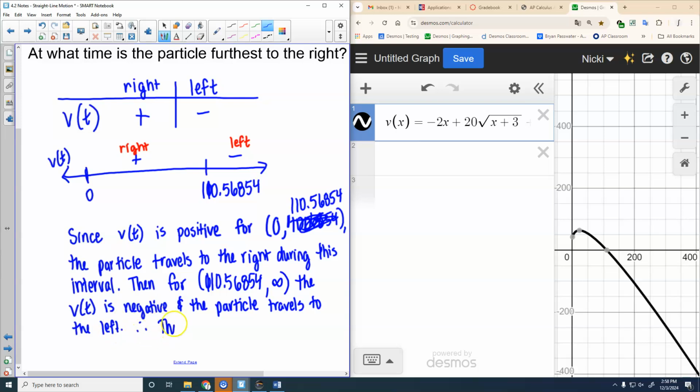Therefore, the particle is furthest to the right at t equals 110.5685.